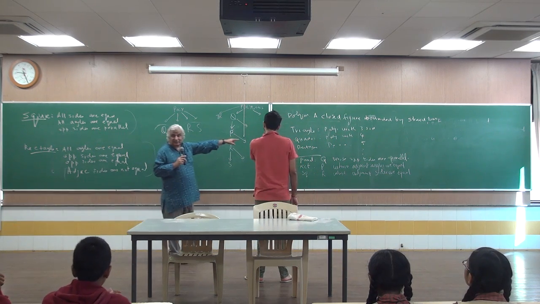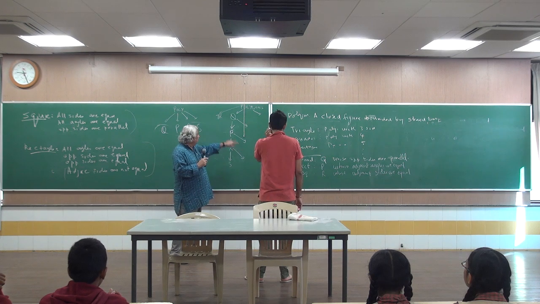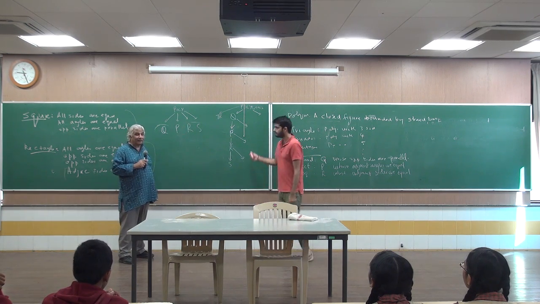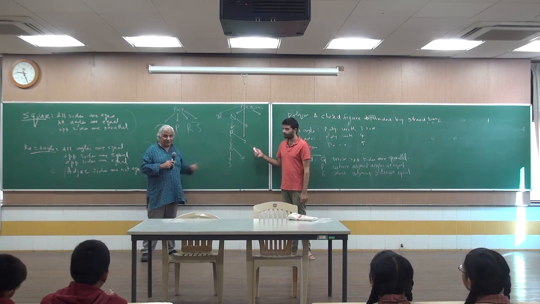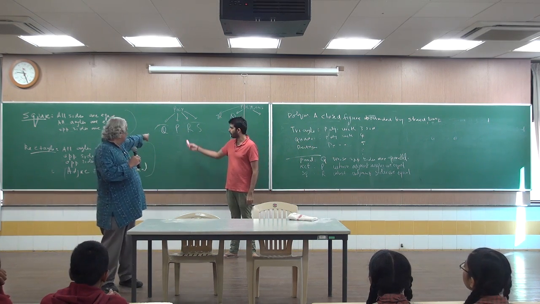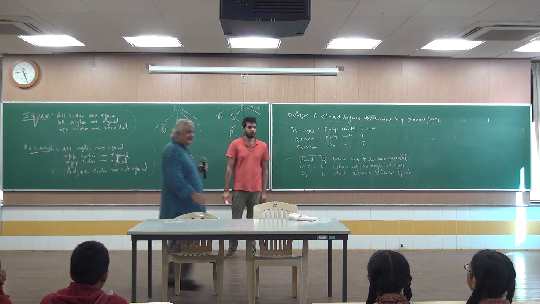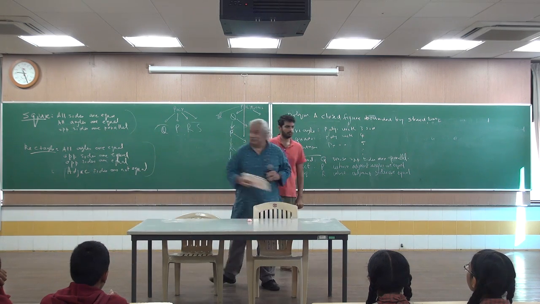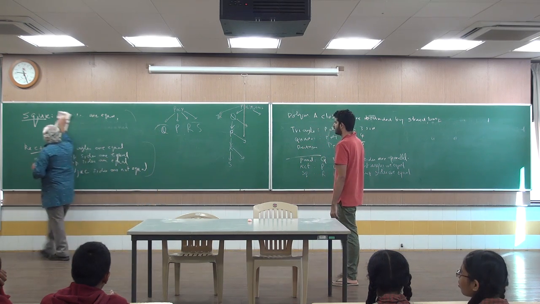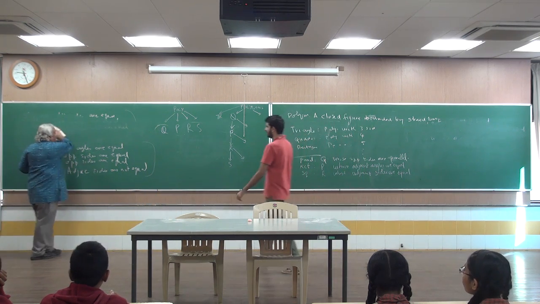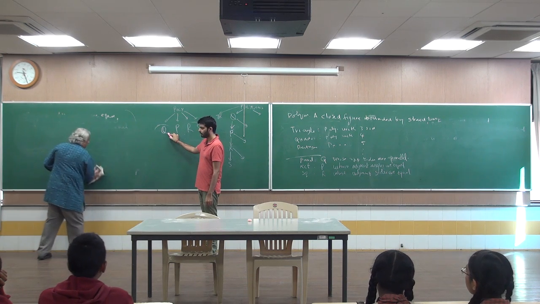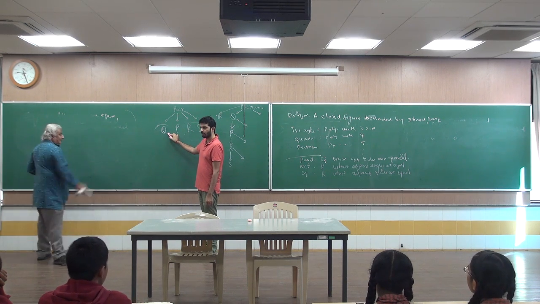Those definitions, did they fit this or did they fit this? This one. Okay. Now we want you to give definitions assuming this one. So what is a quadrilateral? A polygon. Just a polygon?